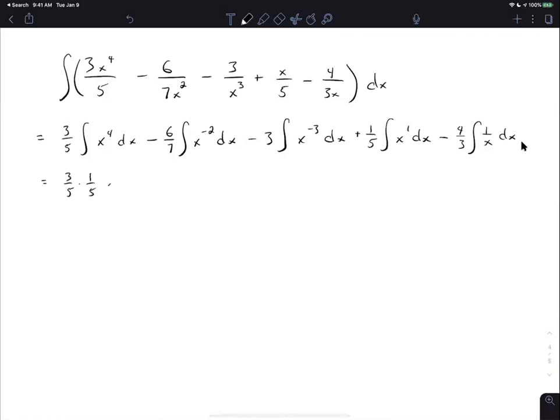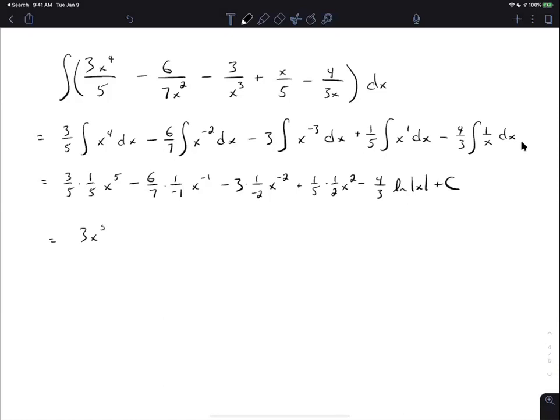Okay, so then we've got 3/5 times 1/5 x to the 5th, minus 6/7 times 1/(-1) x to the -1, minus 3 times 1/(-2) x to the -2, plus 1/5 times 1/2 x squared, minus 4/3 log absolute value of x, plus c.